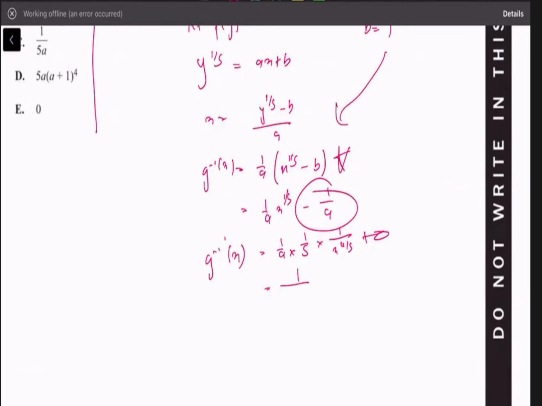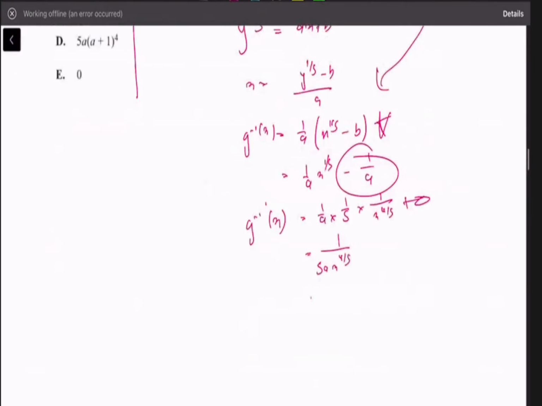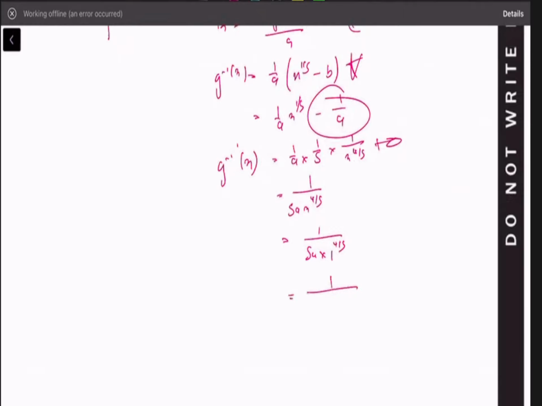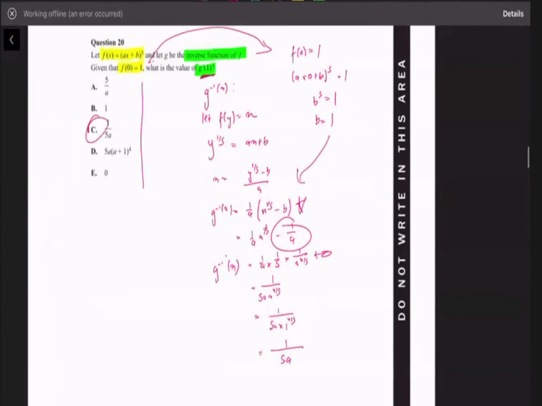So it's 1 on 5a x to the 4/5. And then you sub 1, so 1 on 5a times 1 to the 4/5, but 1 to the power of anything is just 1. So it's just 1 on 5a, which is C. So that is multiple choice.